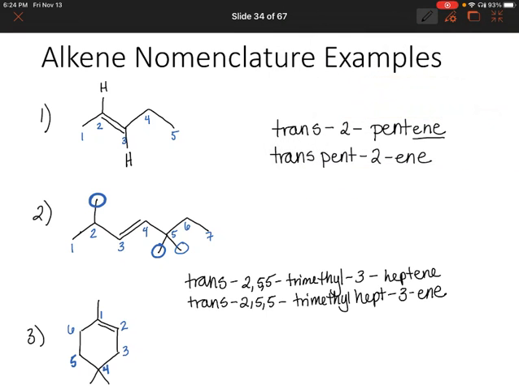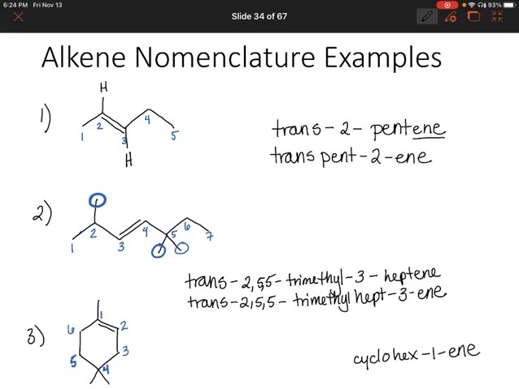All right, so this tells us that we have cyclohexene, and for ring systems, we typically do put the number for the double bond right in front of ENE.